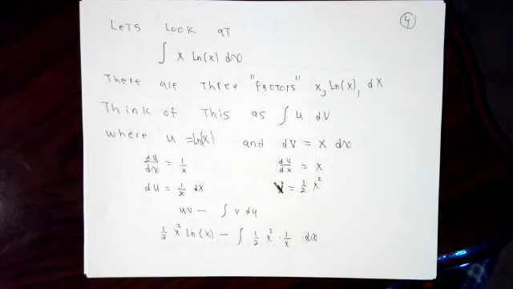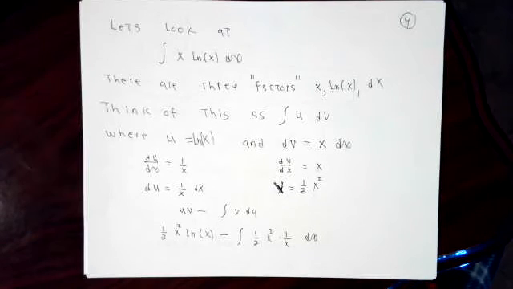As an example, I want to find an antiderivative of x times natural log x. And if I haven't mentioned it before, you cannot do the antiderivatives separately and multiply them together. That doesn't work. Thinking of this as in the previous pages, I'm going to think of having three factors here: x, natural log of x, and dx.